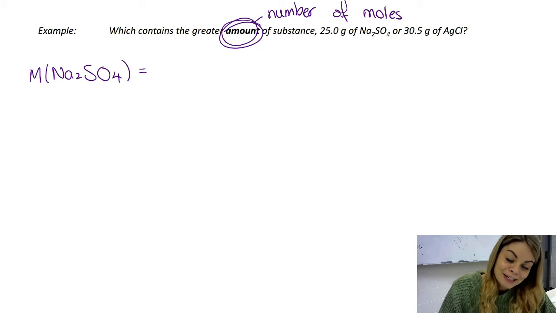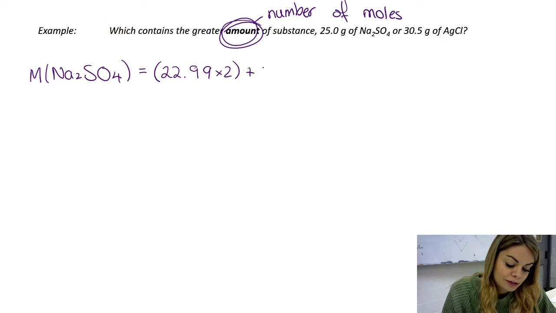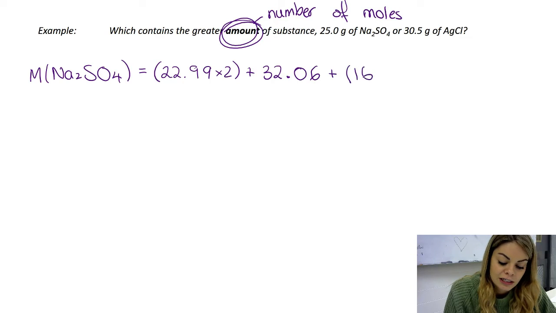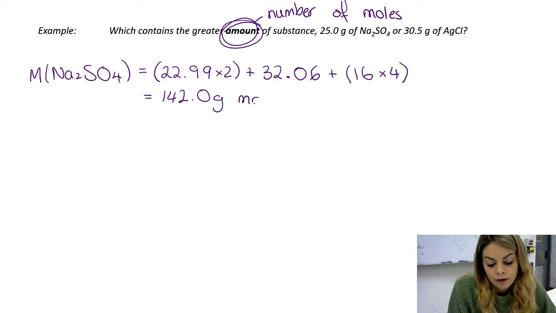So the molar mass of sodium, which you can find on your formula sheet of course, is 22.99, and we've got 2 of those. Then we have a sulfur, again check your formula sheet, 32.06, and then you've got your oxygen, 16 lots of 4. And that comes out to equal 142.0 grams per mole.